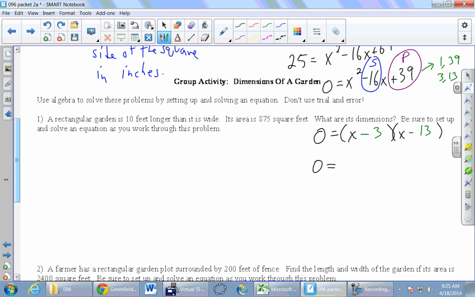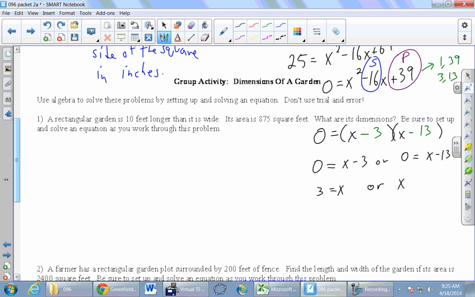So either 0 equals the first parentheses, or 0 equals the second parentheses. How much is x in the first one? 3.